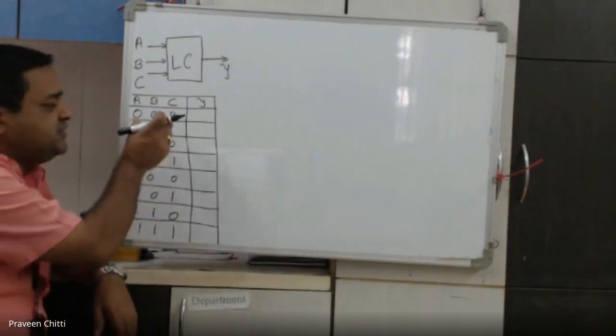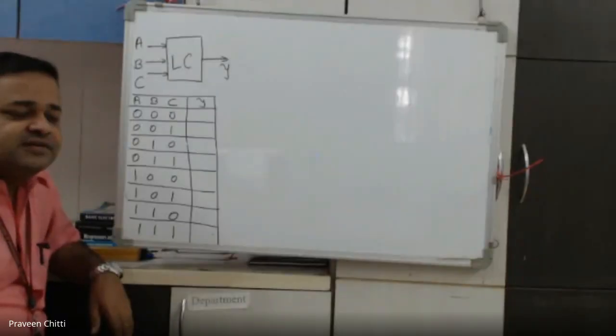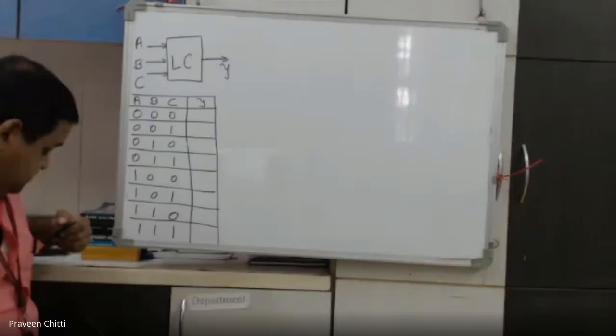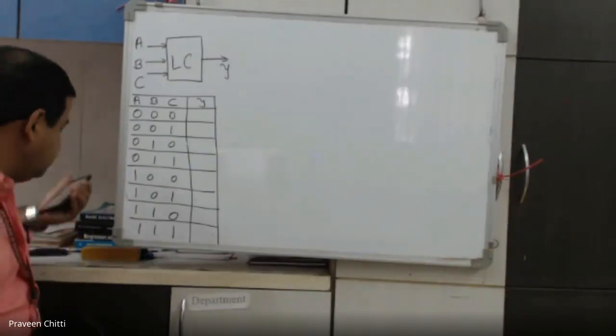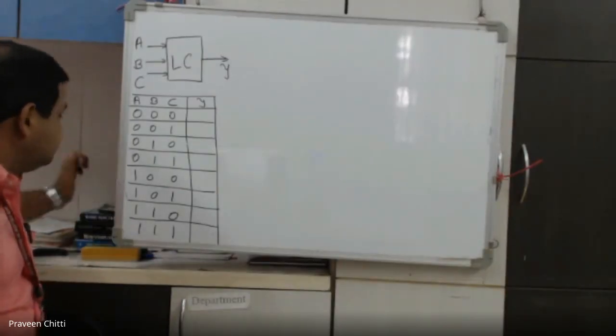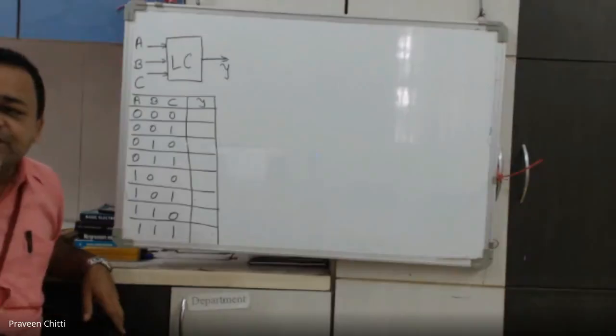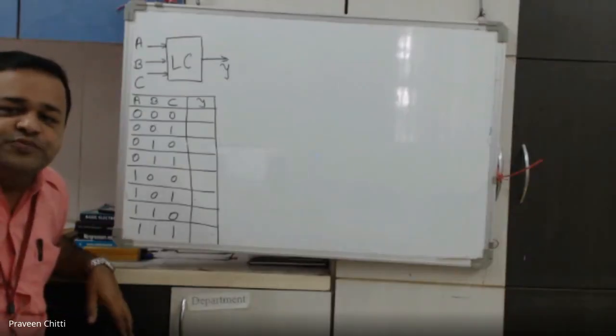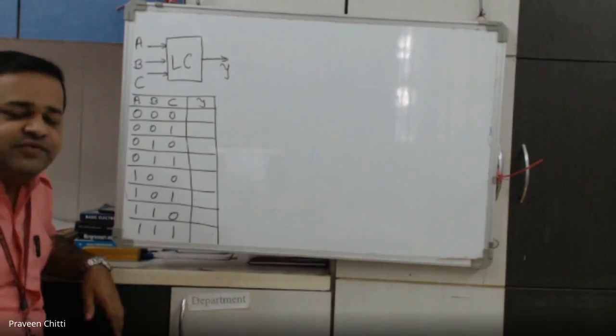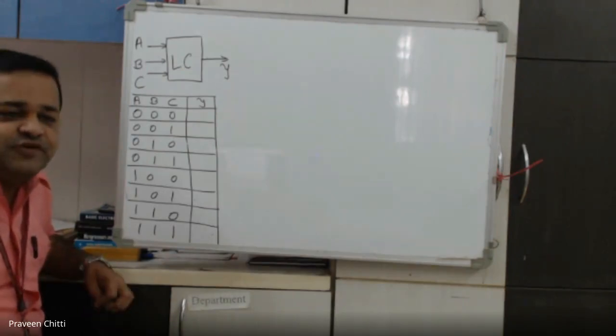What is the output for the first case? 0. Why 0? Because all the inputs are 0. None of the inputs are high, so the majority is of 0's. Whenever the majority of inputs are high, you have to produce output as 1, and whenever the majority is 0, the output should be 0.